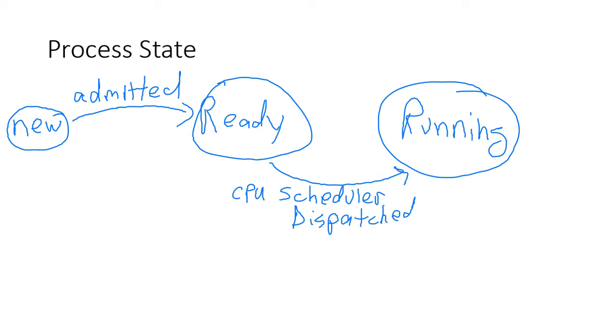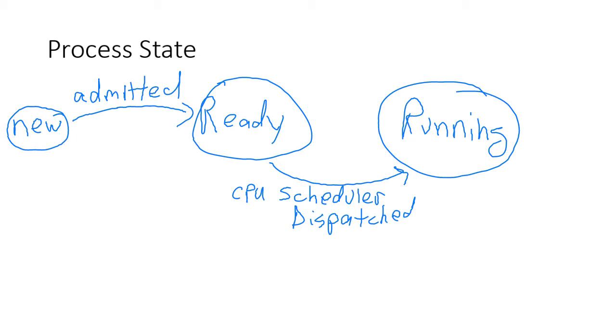Okay, so Chris asks, is it proper to say the CPU scheduler dispatches processes that are in the ready state? Yeah. Now, you said processes. I mean, depending on how many CPUs and cores you have, it would dispatch one process for each one that's free.